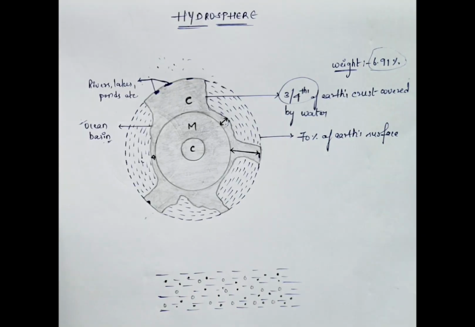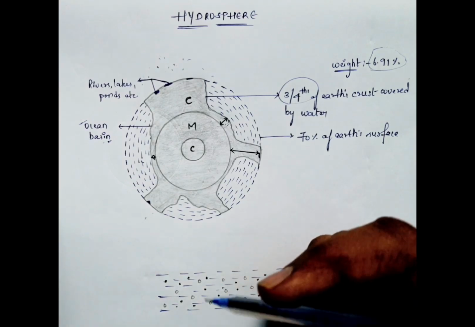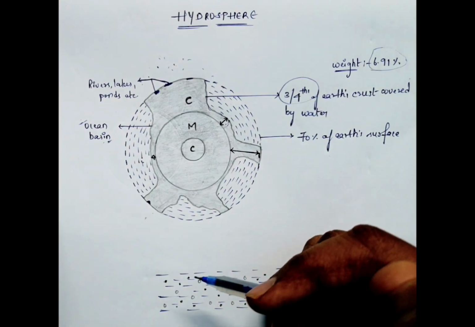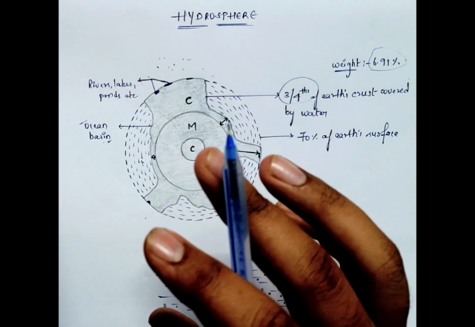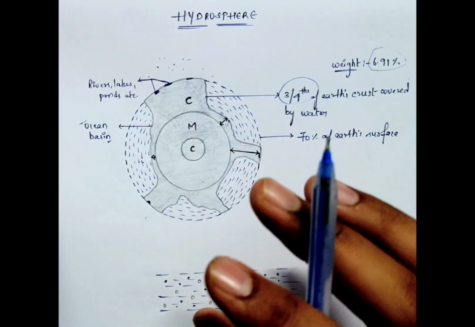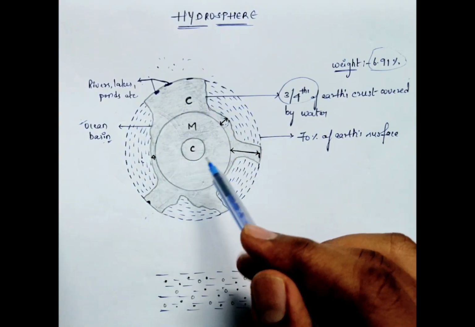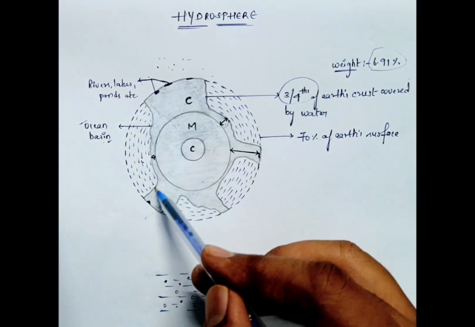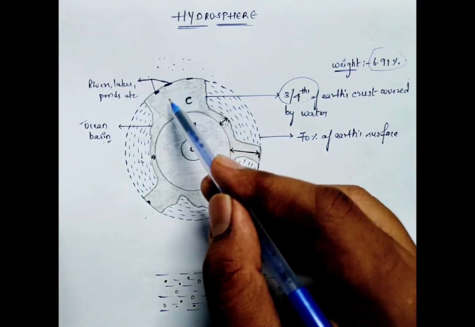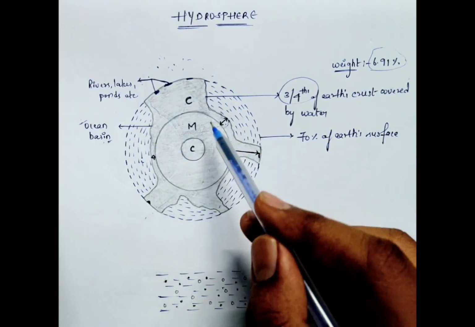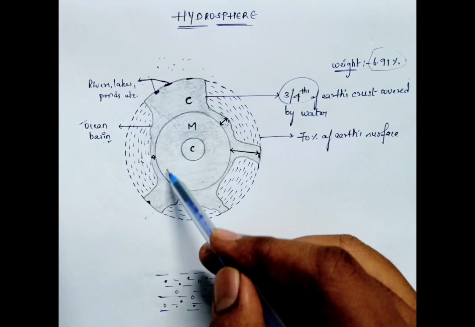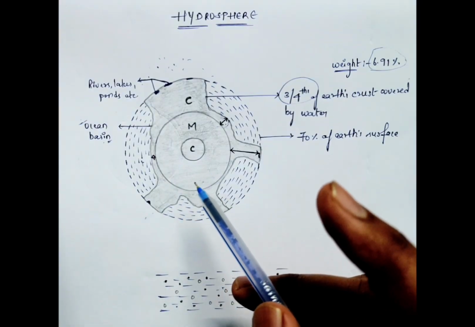And a simple paragraph about lithosphere is given in the material, friends. So there is no need of diagram for lithosphere. Here only it is covered. So all this land part, solid part, is lithosphere, friends. It is a solid sphere of earth. That is one point.